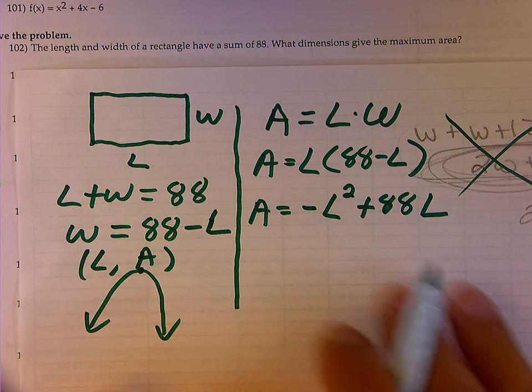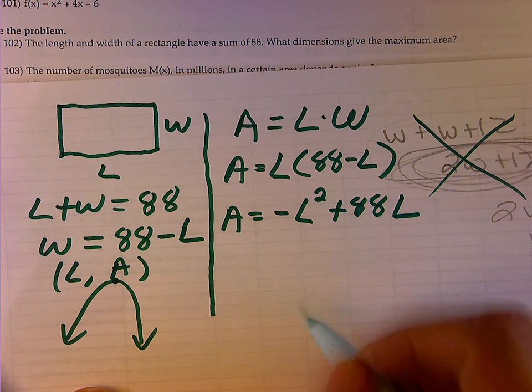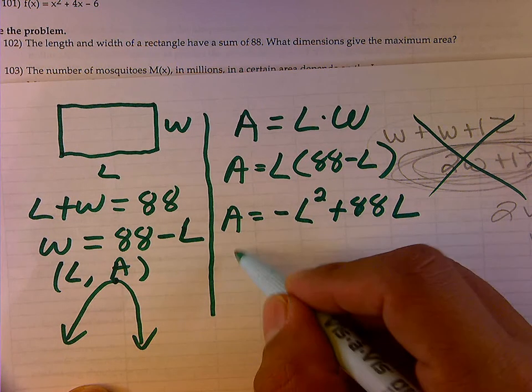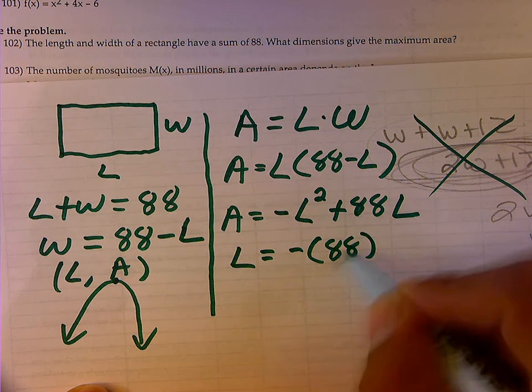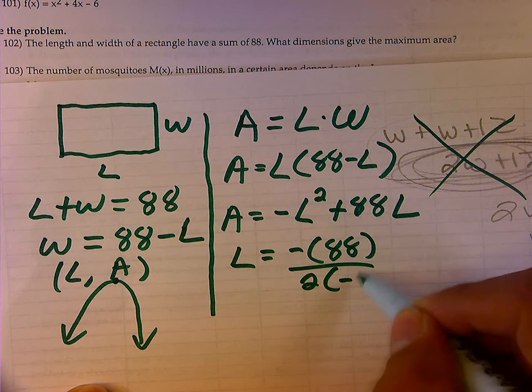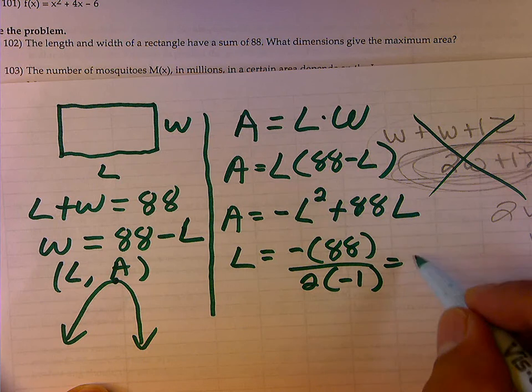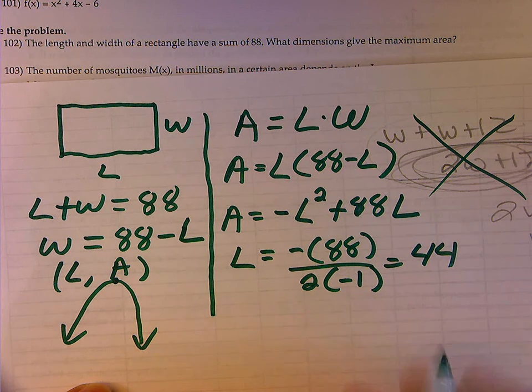So let's find the length that maximizes this. I'm just going to go ahead and leave it as L for the vertex equals negative B over 2A. Double negative makes a positive 44.